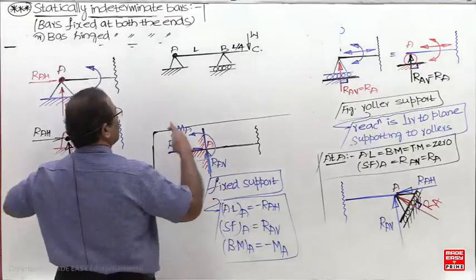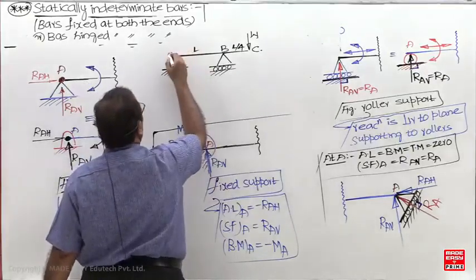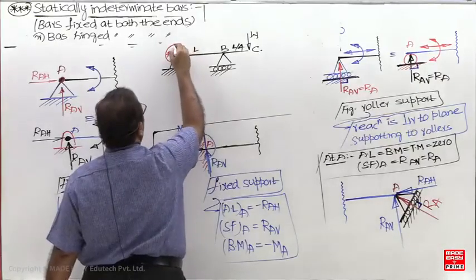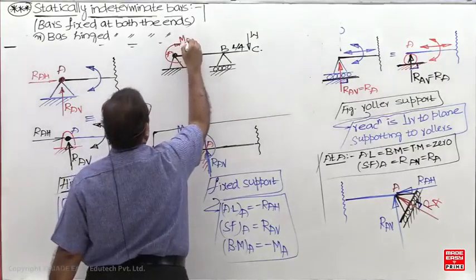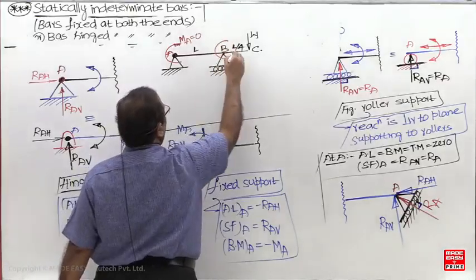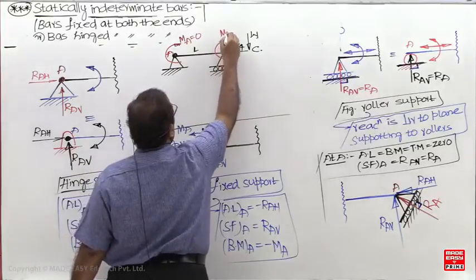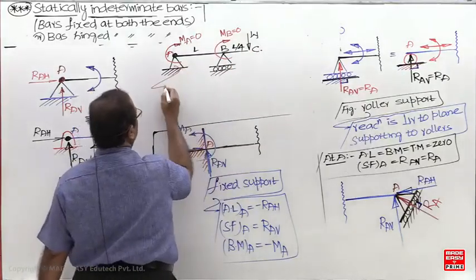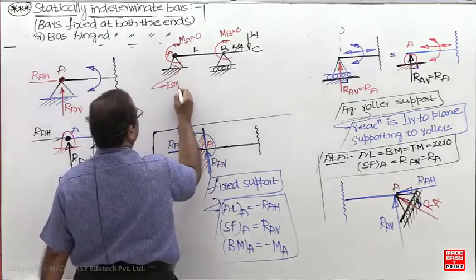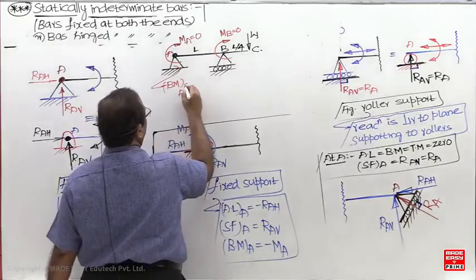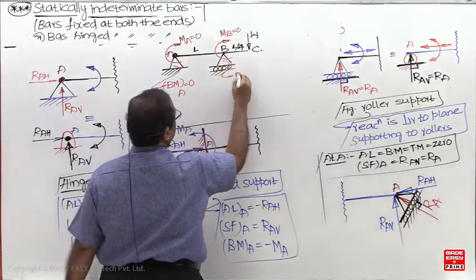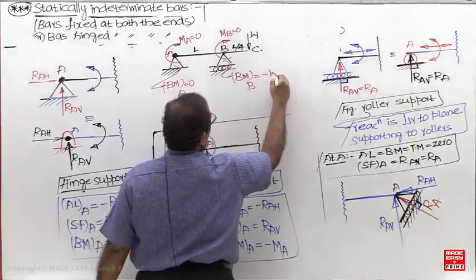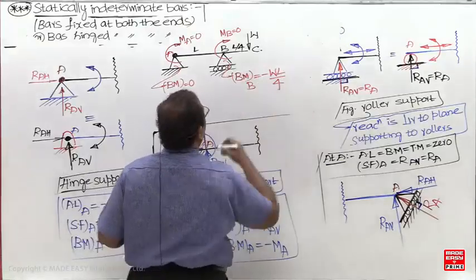So here, moment reactions are 0. But here, the bending moment is 0. But here, the bending moment is 0.